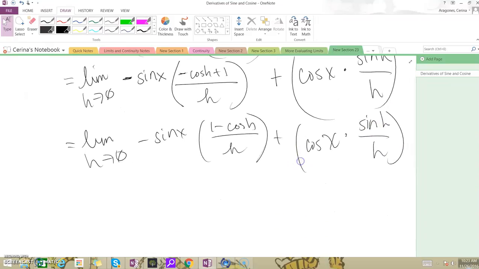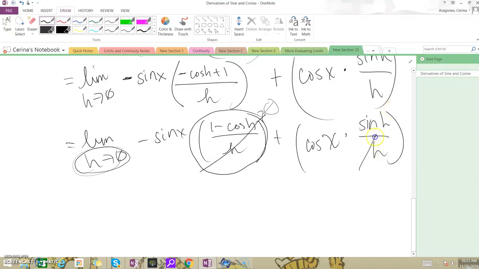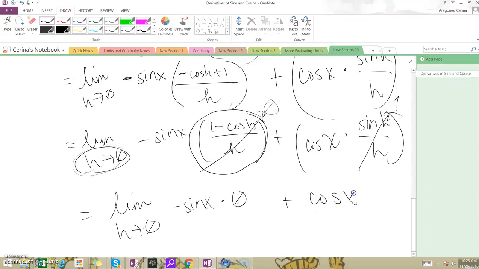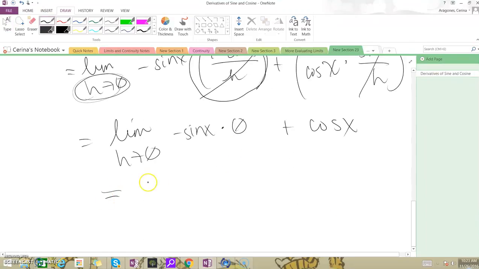We know that as h approaches 0, this approaches 0, and as h approaches 0, this approaches 1. So we are left with the limit as h approaches 0 of minus sine x times 0 plus cosine x, which is just equal to the limit as h approaches 0 of cosine x, which is equal to cosine x.